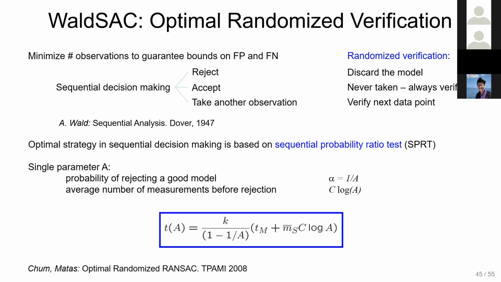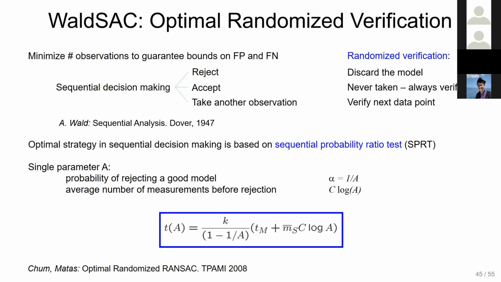What is important here is that it has a single parameter A, and the choice of A gives you the probability of rejecting a good model, which is 1 over A, and also gives you the expected number of observations, which is C log A, where C is some constant.